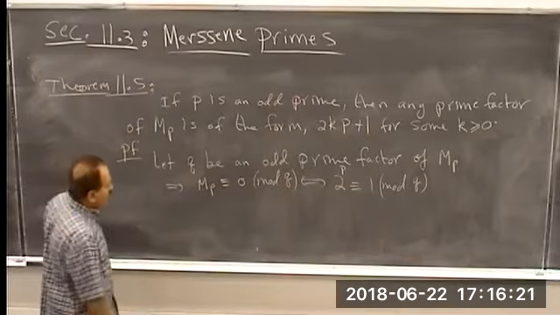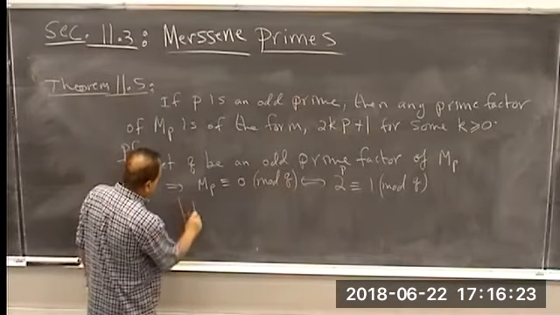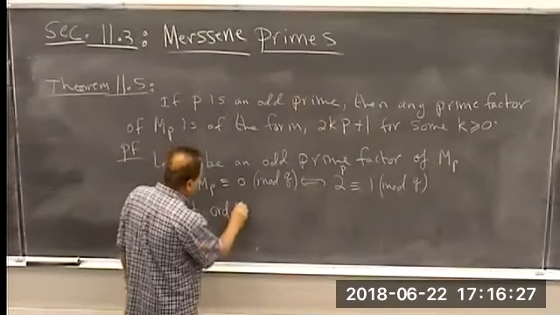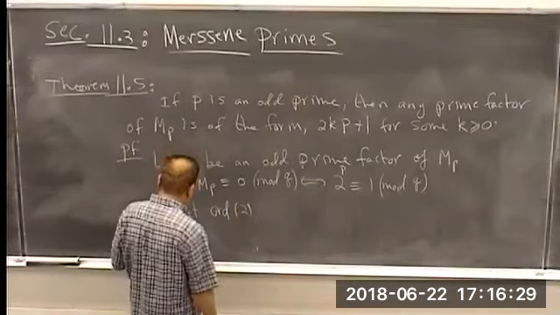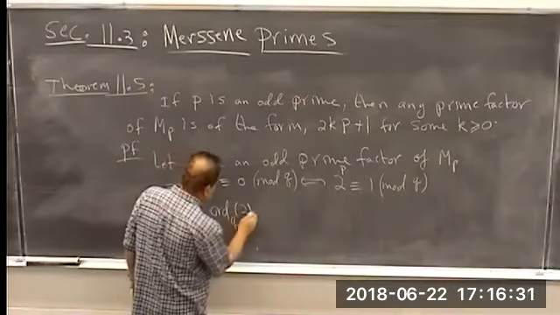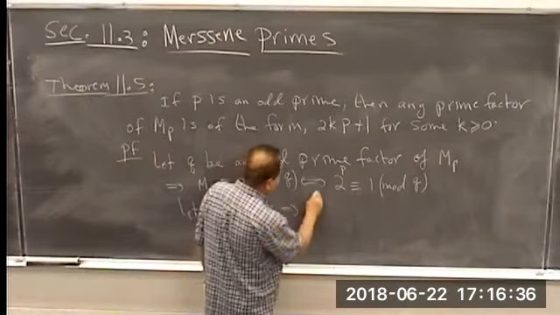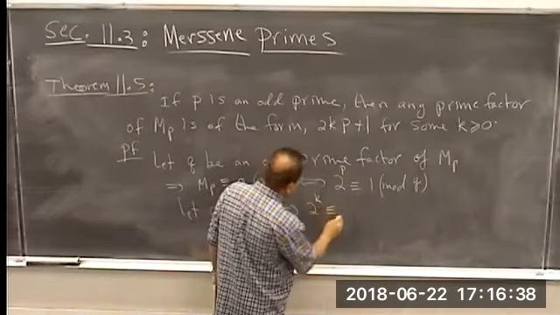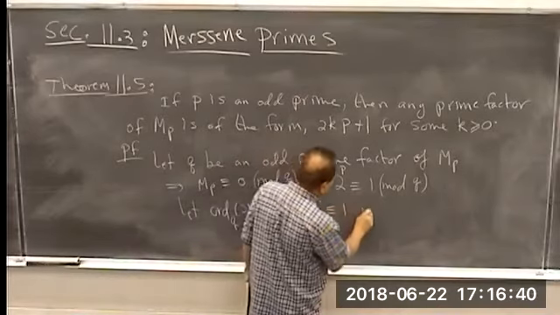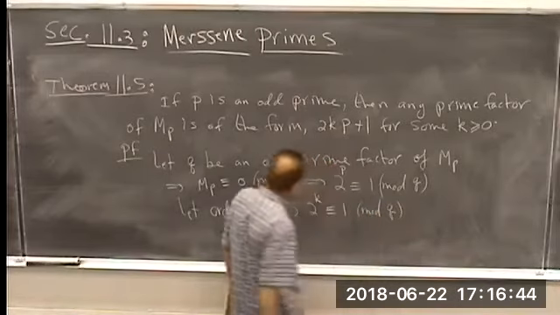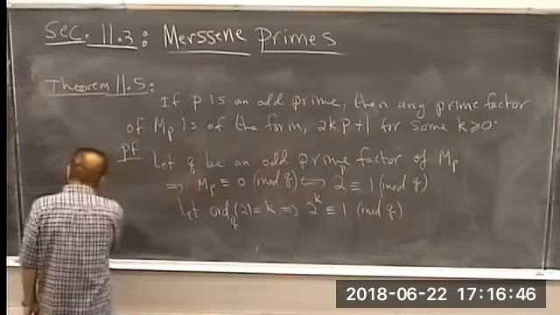Now we're going to look at the order. Let's look at the order of 2 mod Q. And let's call this K. So then we have, of course, 2 to the K is congruent to 1 mod Q. Actually, let me rename that.